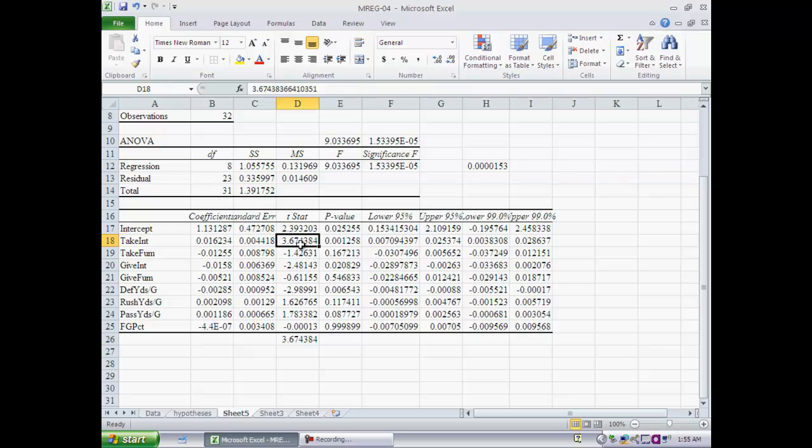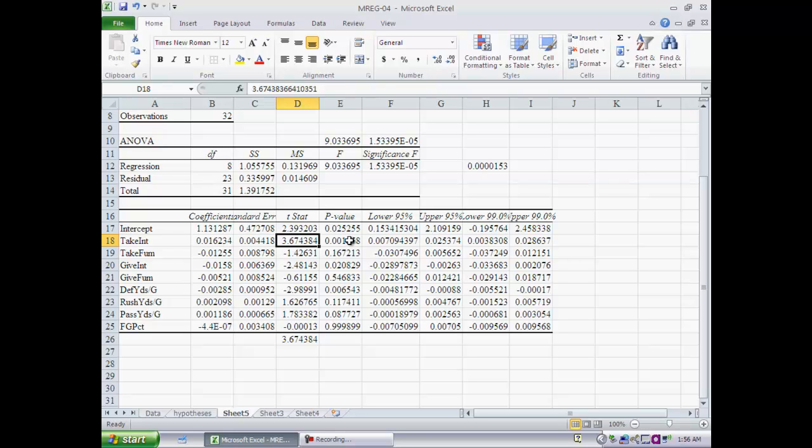Based on what we know about our empirical rule, namely 68% of values lie within one standard deviation, 95% within two standard deviations, and 99% within three standard deviations, we think it's highly unlikely that this t value would have occurred purely by chance. If the true beta 1 was in fact 0, it's highly unlikely that I would have gotten this in the sample purely by chance.